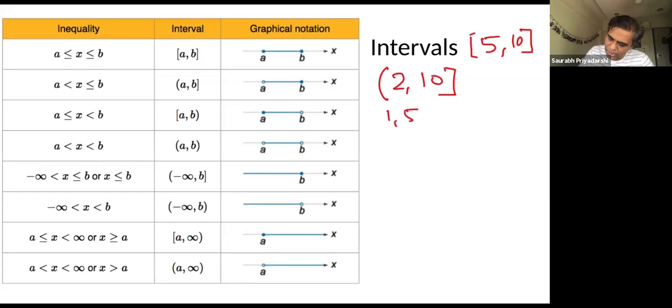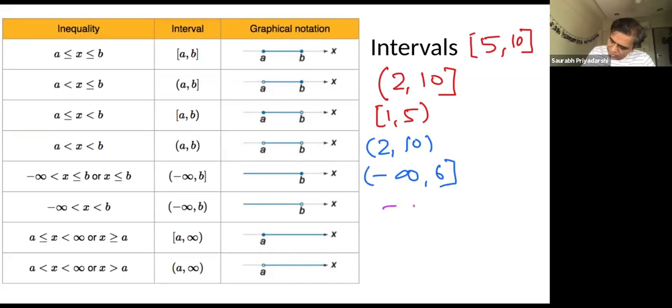Similarly, 1 to 5, 5 open, 1 closed means we are taking 1 but not taking 5. Not going for both the values, both open. Minus infinity to some value 6, it is coming, right? Minus infinity to 1, it's coming. 5 to infinity closed, 5 to infinity both open.